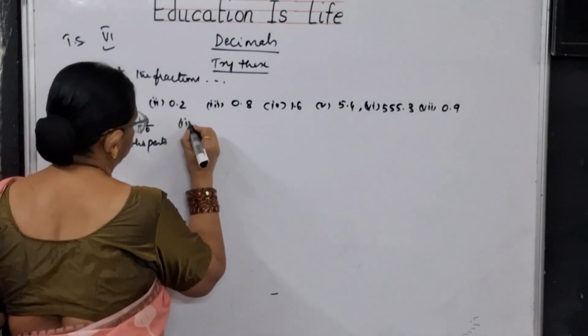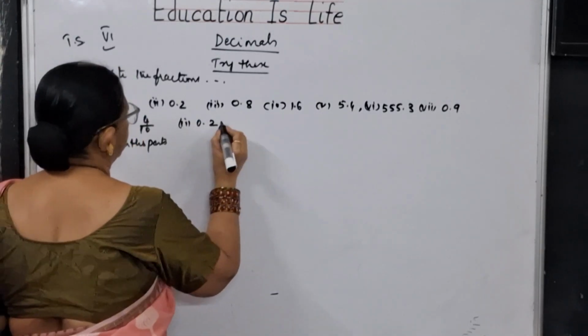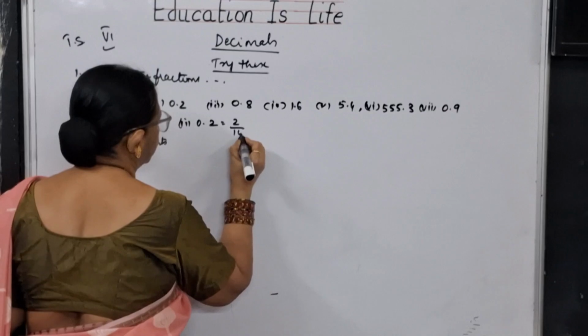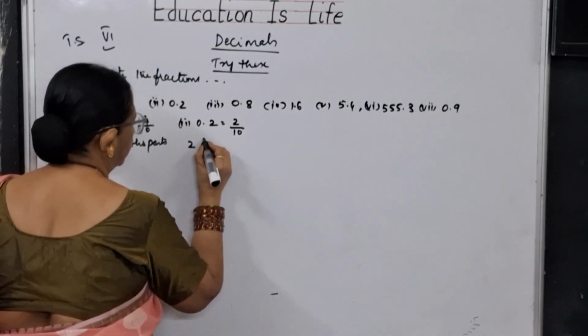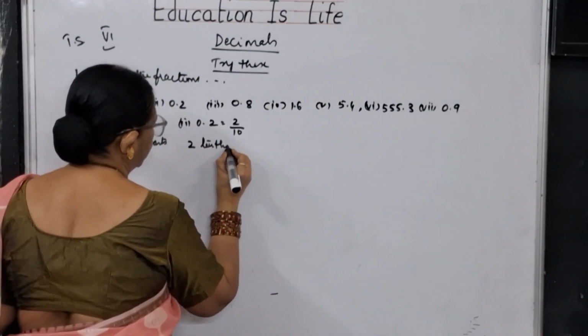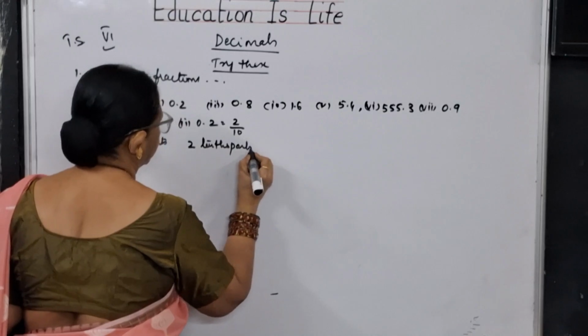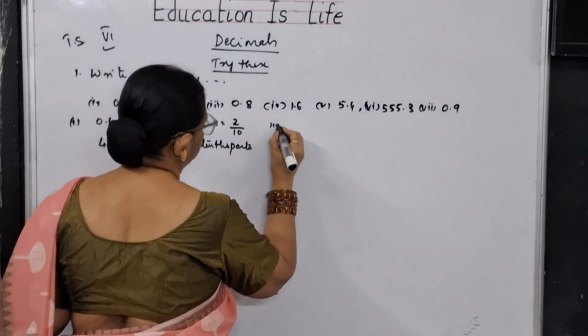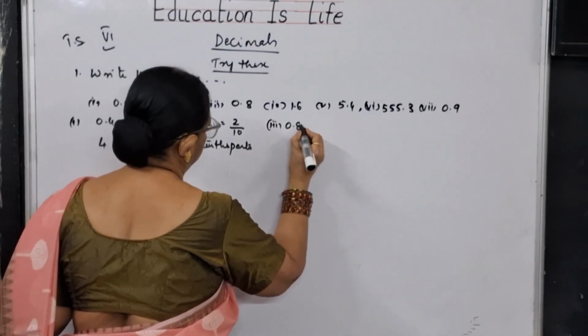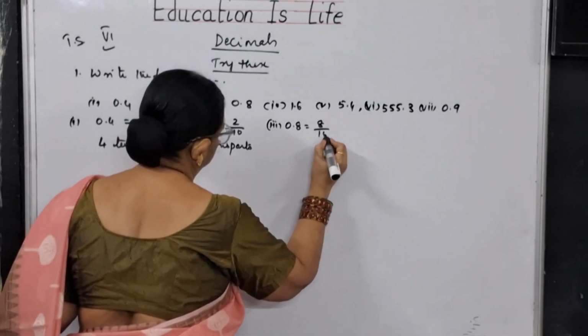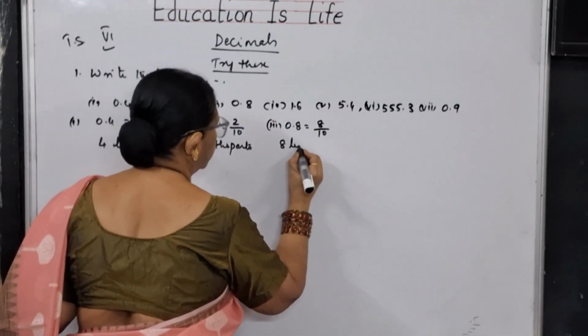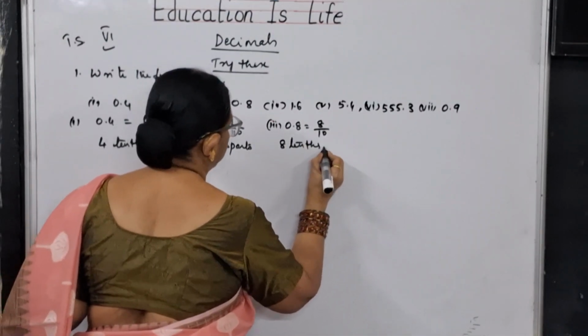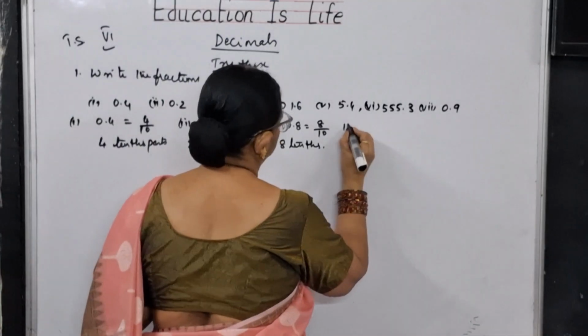And the second, 0.2 can be written as 2 by 10. So it has 2 tenths parts. Now the third, 0.8. You can write it as 8 by 10. So how many tenths parts? 8 tenths parts.